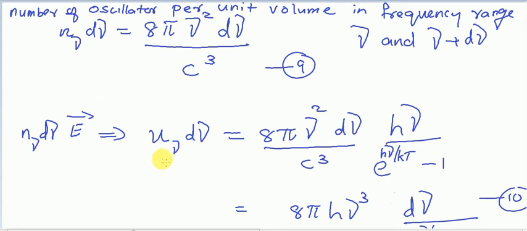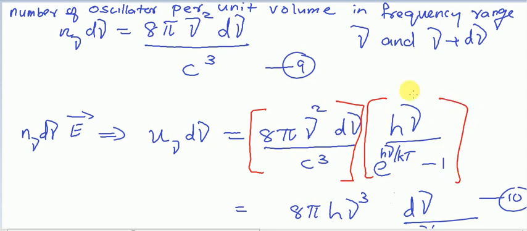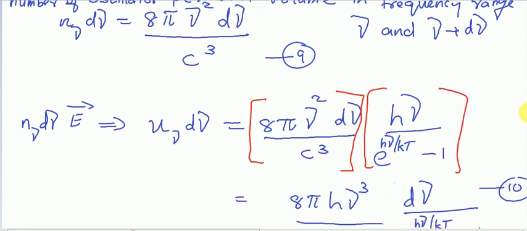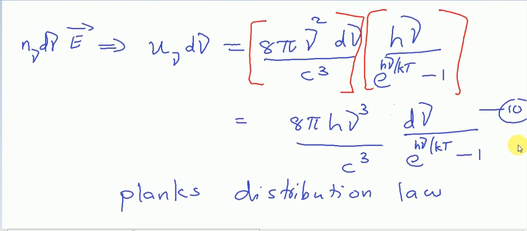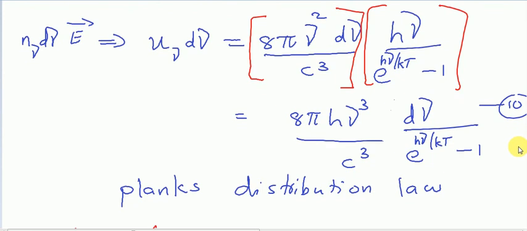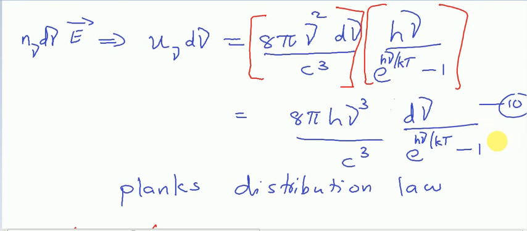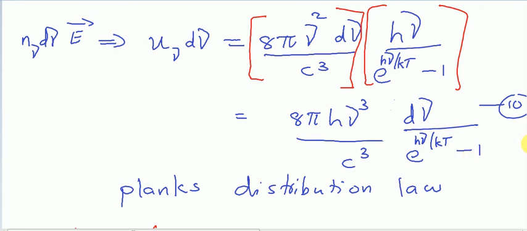u(ν) is the energy density, and u(ν)dν is the energy density in a frequency range ν and ν plus dν, that is given by this term, that is the number density times the average energy E bar. So simplifying this, 8πhν³ divided by c³ times dν divided by e to the power hν divided by kT minus 1. This is actually known as Planck's distribution law.